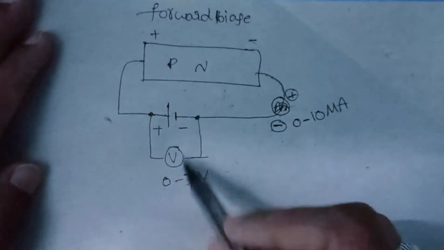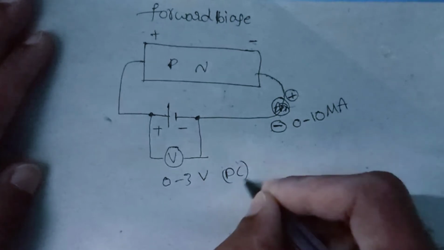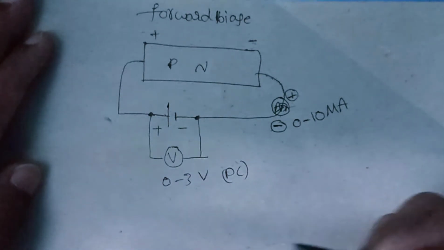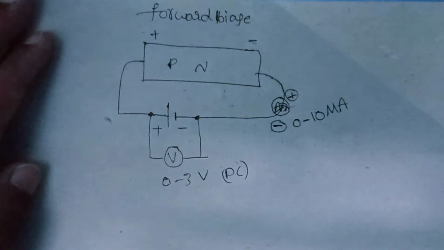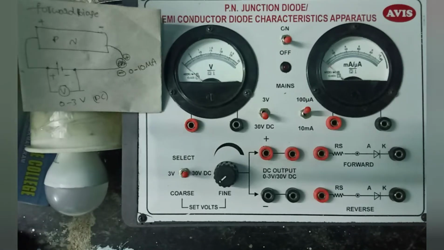We are using 0 to 3 volts DC power supply, so we have to use voltmeter to measure 0 to 3 volts DC power supply. Now we are going to do connections. Now we are going to do the connections for forward bias of PN junction diode.